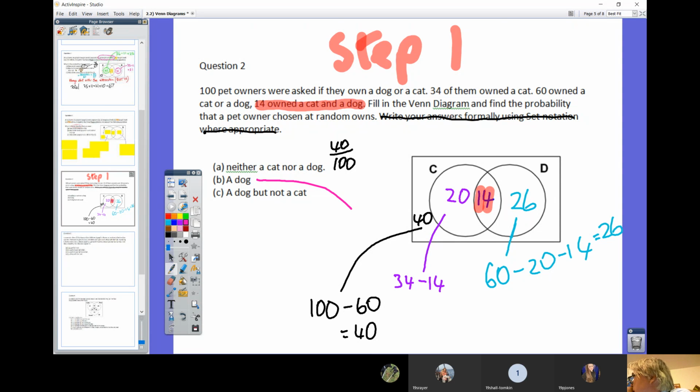Yes, because you've done what and what? Yeah, good. So the people who own a dog, and they might own just a dog, or they own a dog and a cat, is the 40 over 100 as well. Now, what's the probability I choose someone who owns a dog but not a cat? A dog but not a cat. Flo. Good, that is the 26 out of 100.